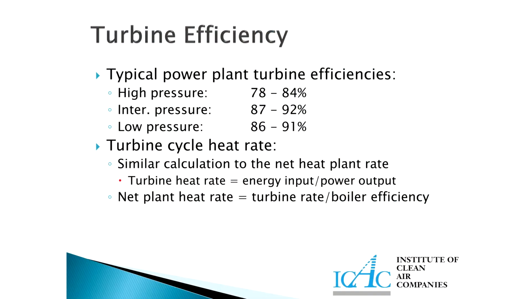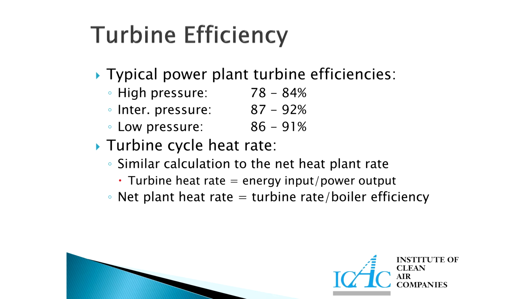The turbine also has an efficiency. And when you look at it, it's a fairly good machine. The high pressure side runs between 78 and 84% efficiency, and the intermediate side runs in the upper 80s, low 90s.